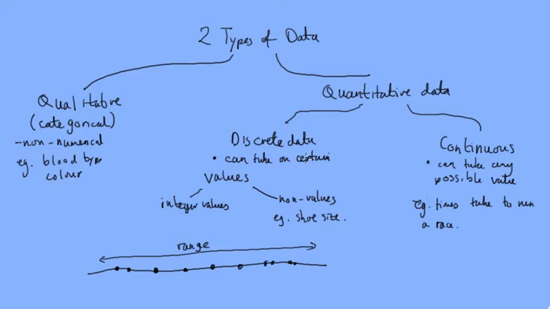We won't deal with our continuous data in the same way as our discrete data. So we're going to now look at a way to present discrete data to make it more user-friendly. And that is by using something called a stem and leaf diagram.